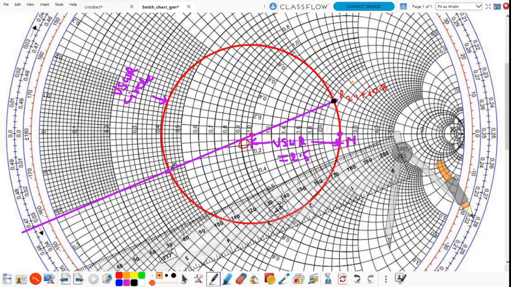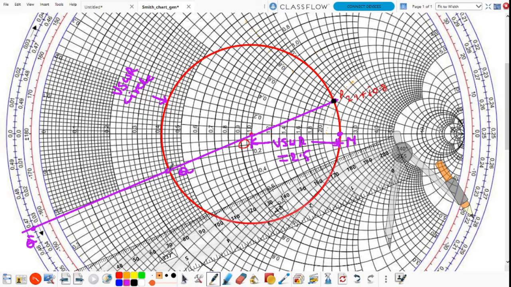This crossing point is considered as point Q, and this line OQ is extended. That extended line cuts the outer circle rim of the VSWR. This crossing point is considered as point Q dash.